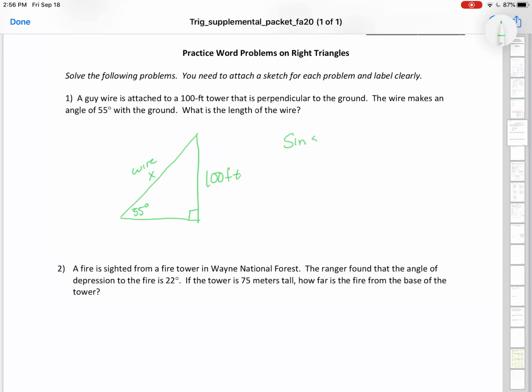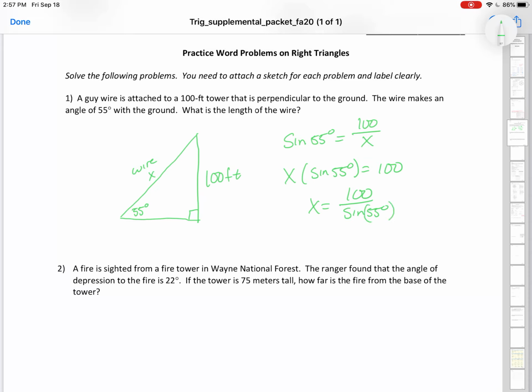I know that then the sine of 55 degrees would be equal to the opposite, 100, over the hypotenuse, x, what I want to find. So if I move x over, I'll show all the work here. But we know that you're algebra proficient, right? So we don't have to show everything. But I will show everything because I love you.